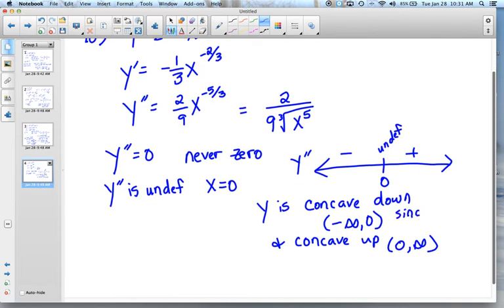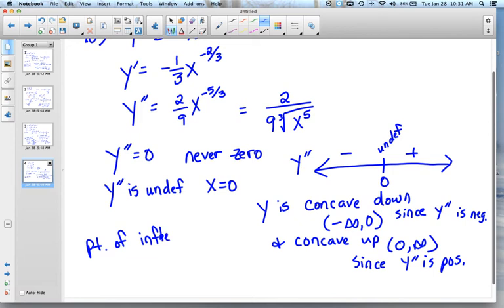And I forgot something really important that hopefully you're thinking of. Since y double prime is negative, since y double prime is positive, or you could say because. All right, so that also means that we have a point of inflection. Whoops.